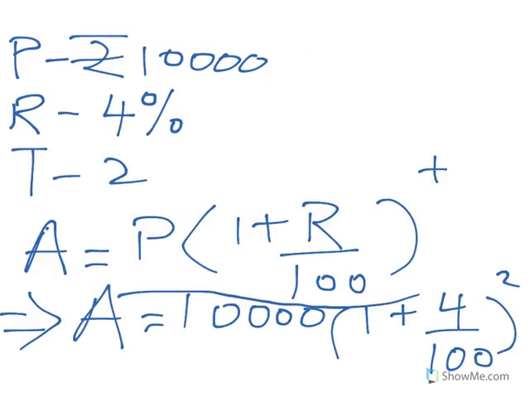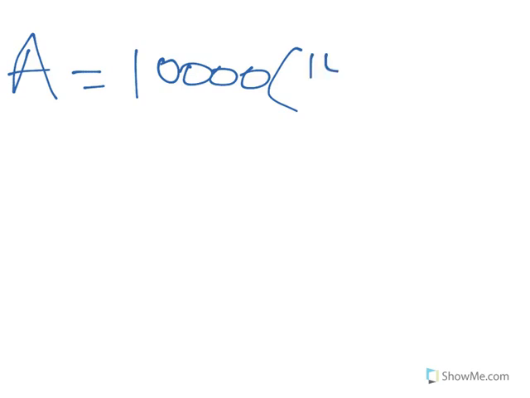Okay, so just continuing, 10,000 times (1 + 4/100), which is 104/100, squared.